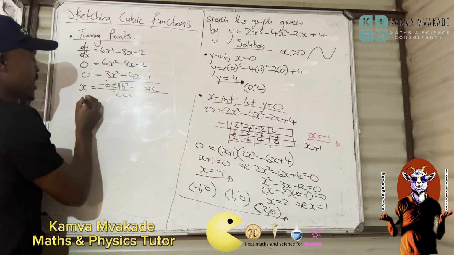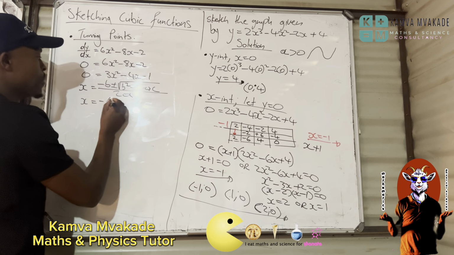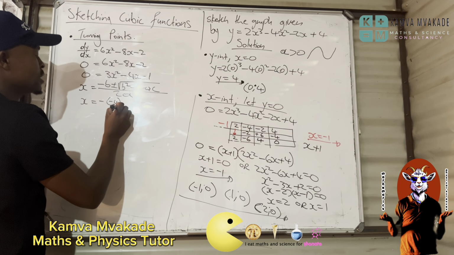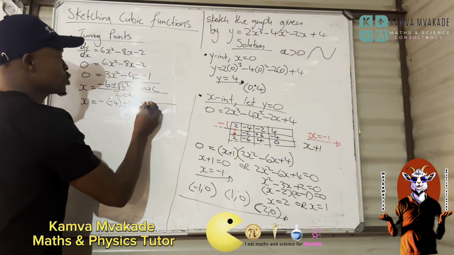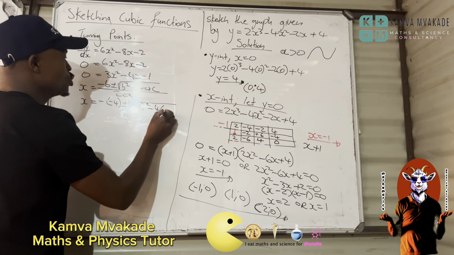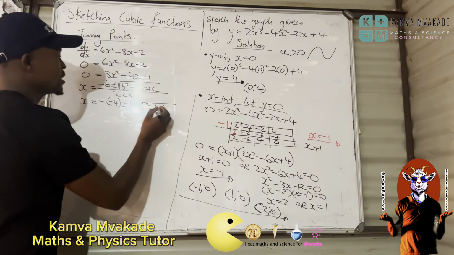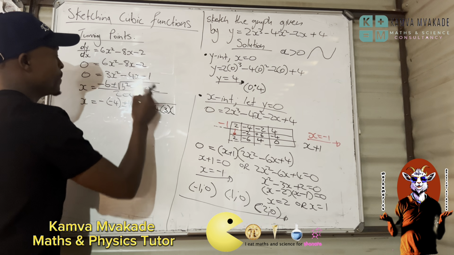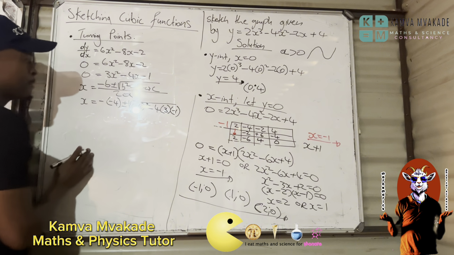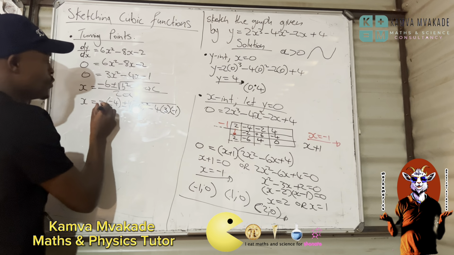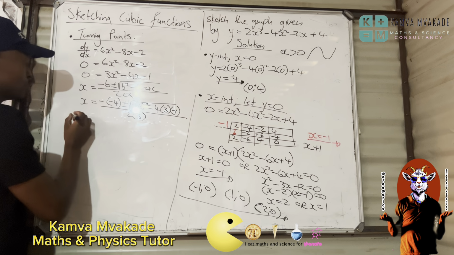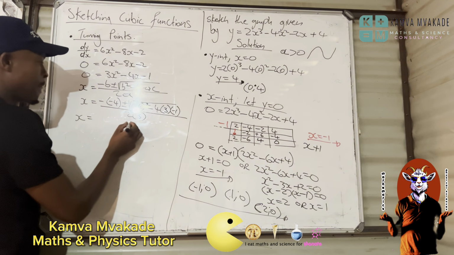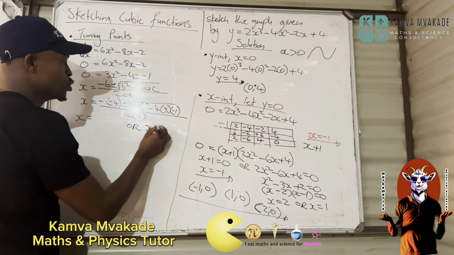Right, so x to gonna kae negative b ya rona e kae mo negative 4 plus minus the square root of negative 4 squared minus 4 into kae 3 minus kae negative 1, yes, all over 2 multiplied by 3.